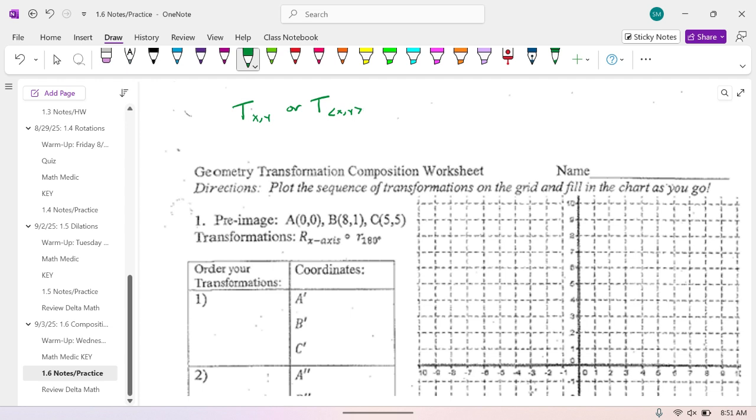That's telling you your translation. Big R, and it'll say either x-axis, y-axis, y equals x, or y equals -x, or whatever other line. That represents your reflections.